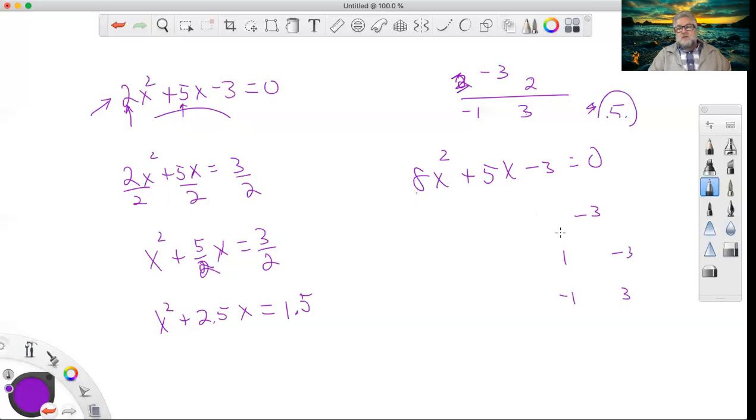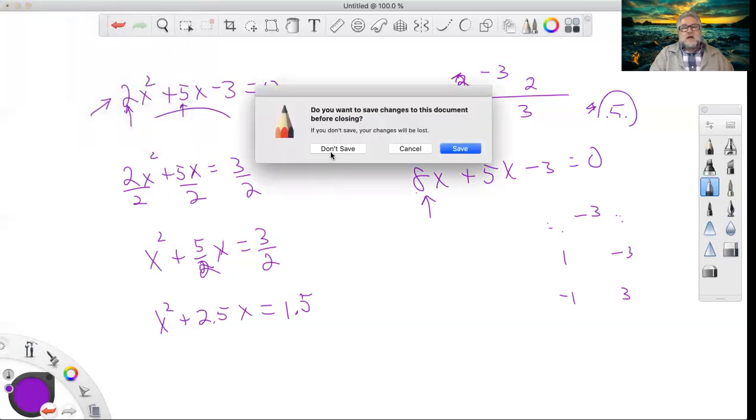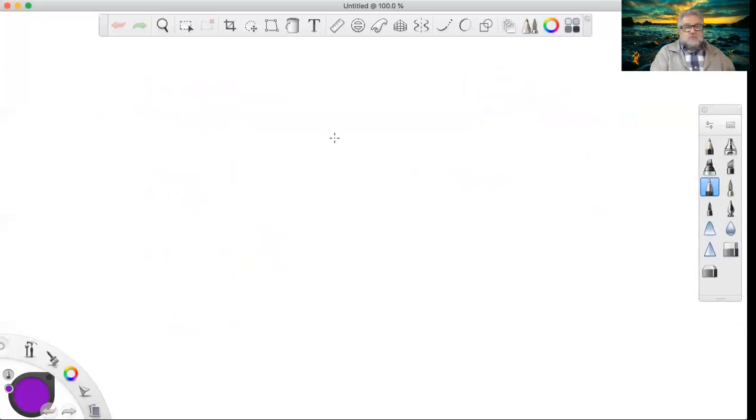But 8, you don't know if it's an 8 and a 1 or a 4 and a 2 or a 2 and a 4. So when I have a big number here, I never try to factor it. I go straight to the quadratic formula because it's just too hard to do. It takes too long. If it's on a test, you're going to eat up too much time figuring that out when you can just muscle your way through the quadratic formula. You know that's going to work. You just have to be careful with minus signs. Okay?